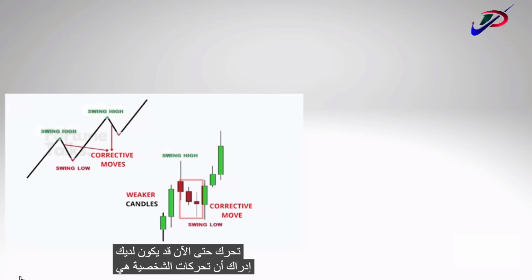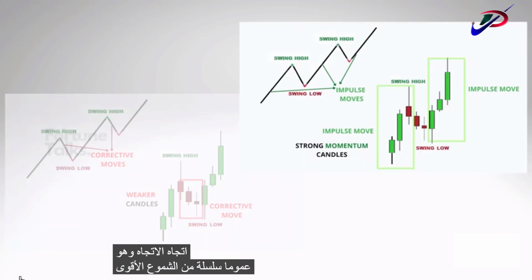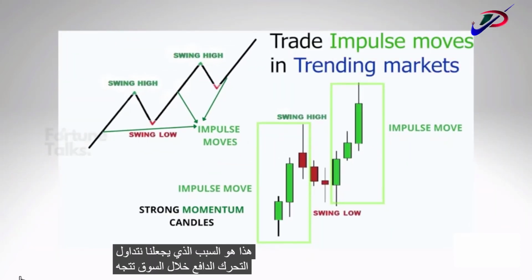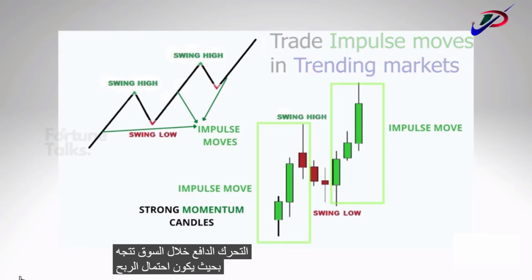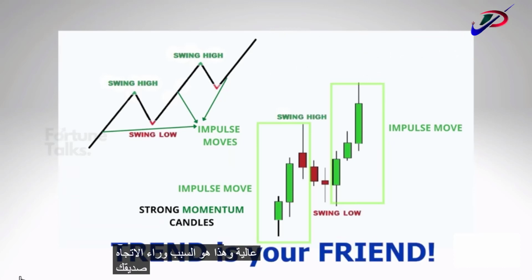So by now you might have the realization that the corrective moves are weak moves opposite to the existing trend, while the impulse move happens in the direction of the trend and is generally a series of stronger candles. This is the reason why we should trade the impulse move during a trending market so that the probability of profit is high. This is the reason why trend is your friend.